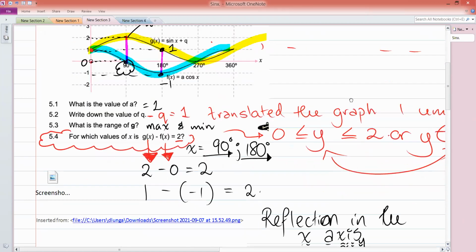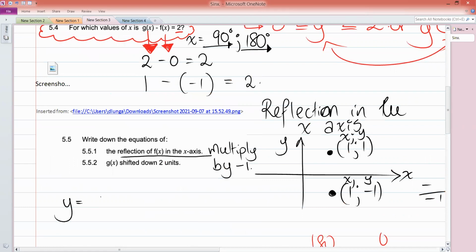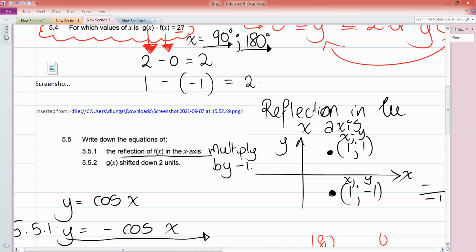It was a cos x. So y equals cos x, because remember we worked out that the a is 1. So reflect this in the x-axis. All you have to do is multiply that by -1. So the new equation is negative cos x. Okay, so we've answered 5.5.1.